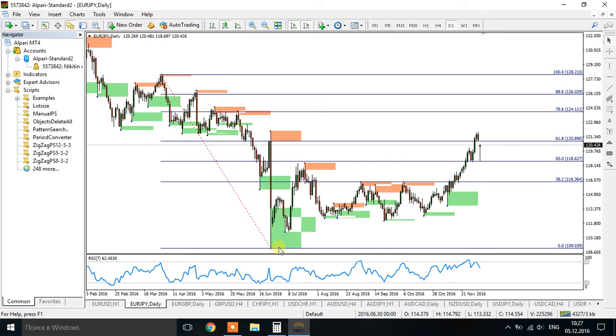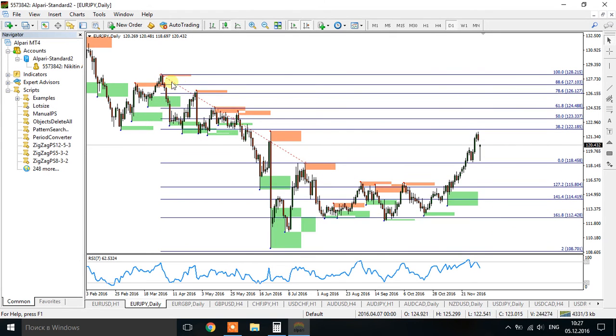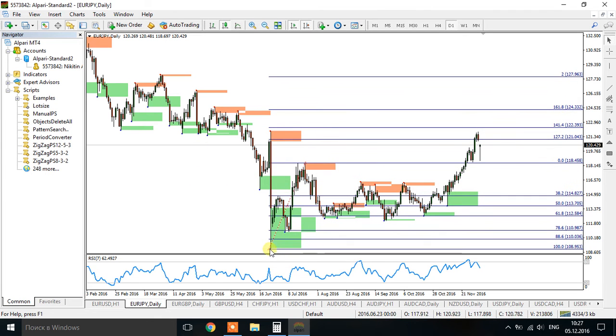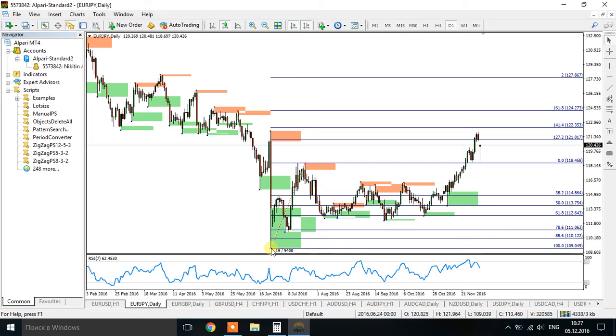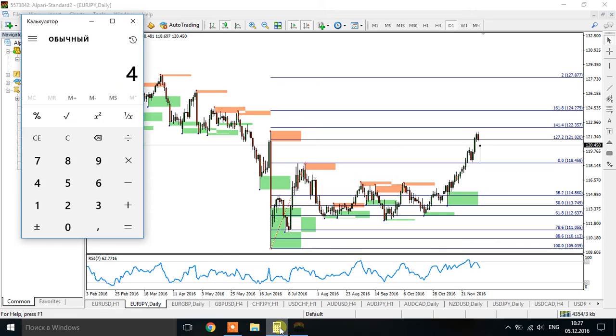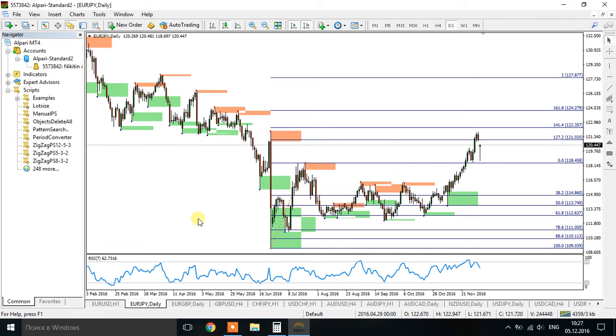If I stretch my fibs this way, from swing low to swing high, I will have 127 lining up with that structure zone. So 127 is another point. Let me add it to the total score. So the total score is 5.